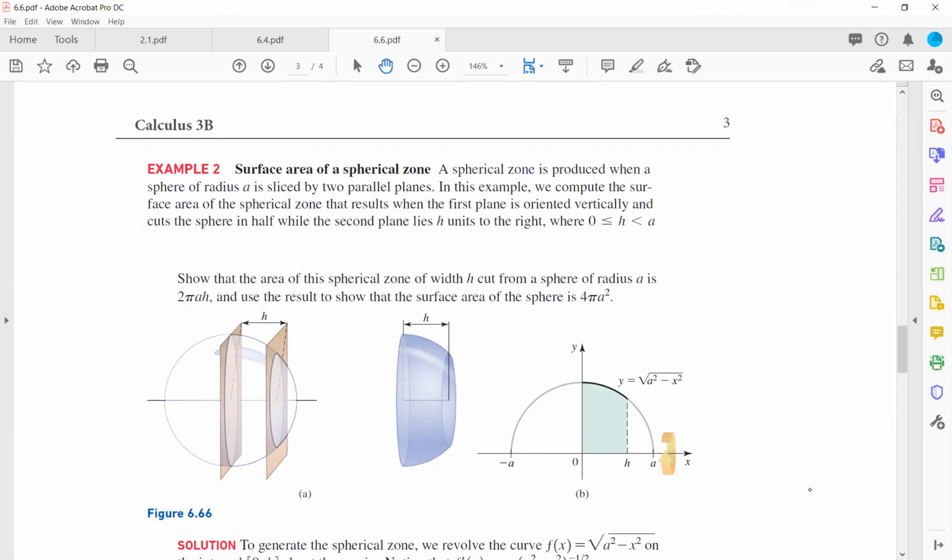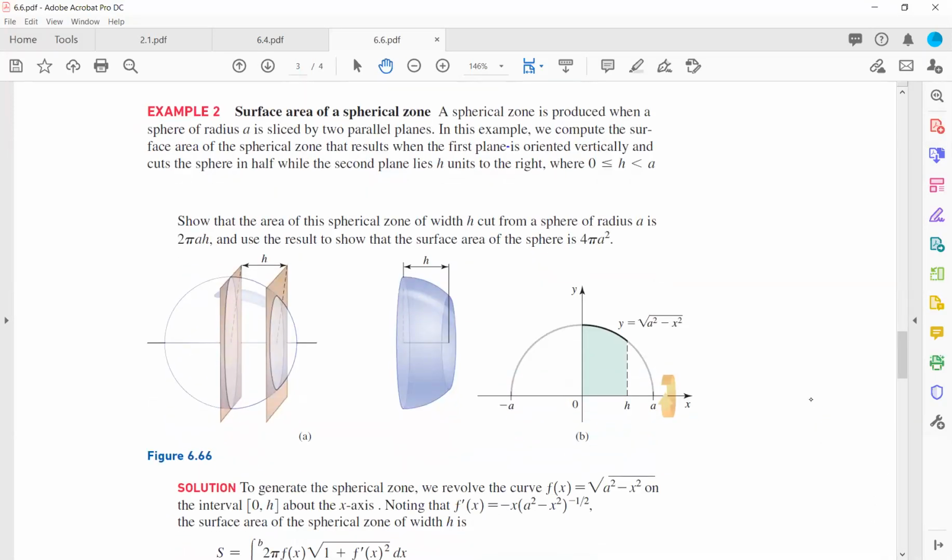We want to compute the surface area of the spherical zone that results when the first plane is oriented vertically and cuts the sphere in half, while the second plane lies h units to the right-hand side. And suppose your h ranges between 0 and a. Very well.